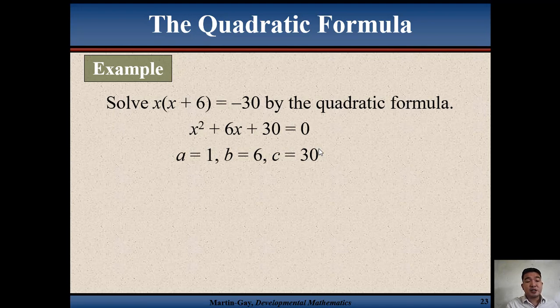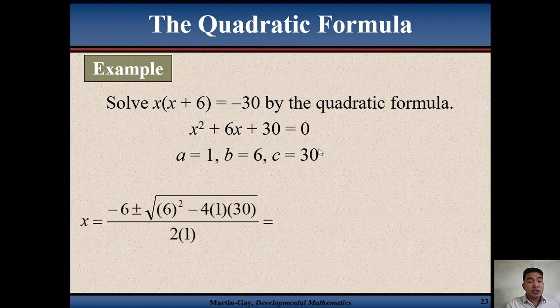And then, substituting the values of a, b, and c into the quadratic formula, you will have x equals negative b, so negative 6, plus or minus the square root of b squared, so 6 squared, minus 4 times a, which is 1, times c, which is 30, all over 2a, 2 times 1.